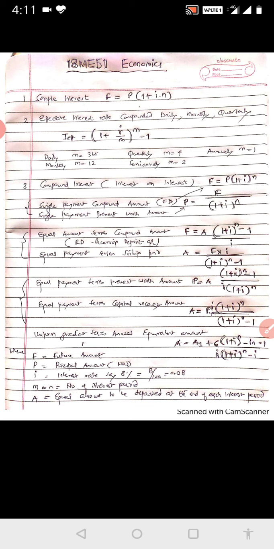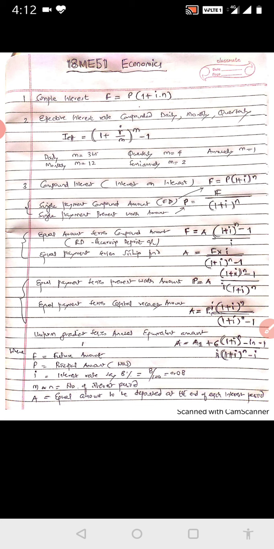So the effective interest rate formula becomes I effective is equal to 1 plus I divided by M, bracket closed raised to M, minus 1. Here what we are supposed to do is, suppose I want to calculate the effective interest rate on a daily basis.